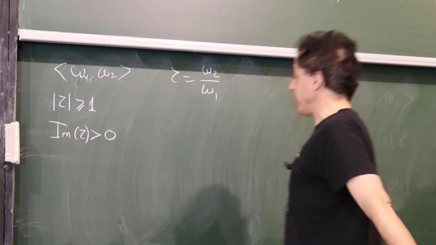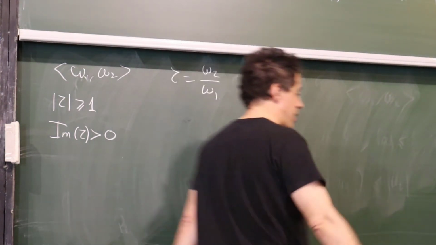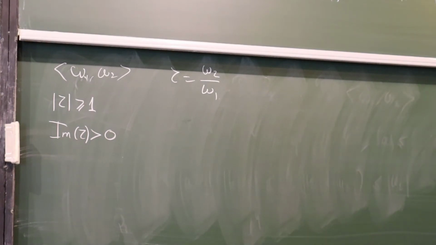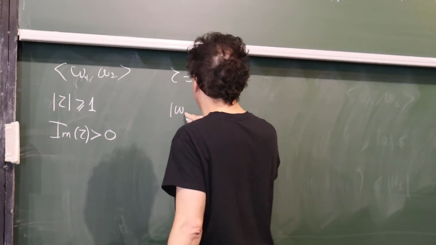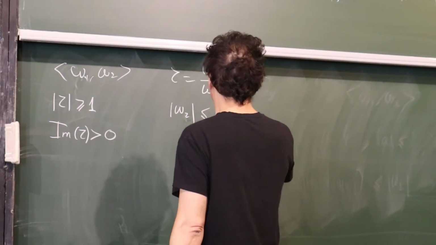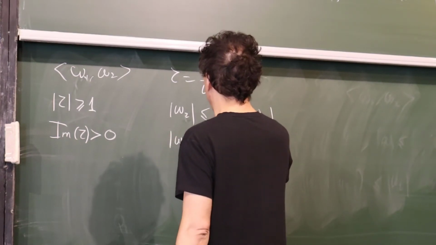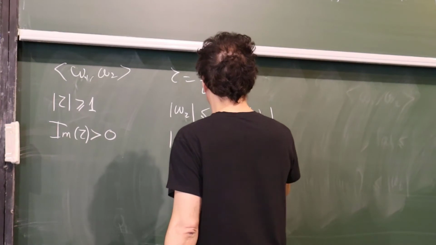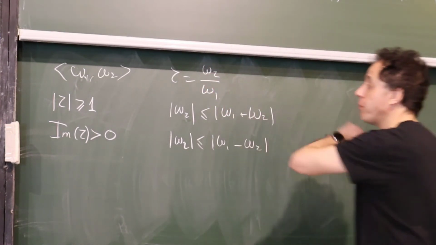Moreover, as we know, by the choice of omega 2 as the minimum, omega 2 is smaller or equal than omega 1 plus omega 2, and also smaller or equal than omega 1 minus omega 2.